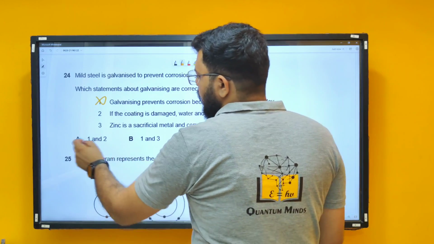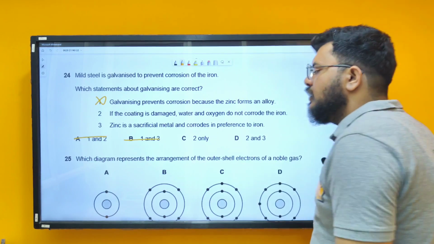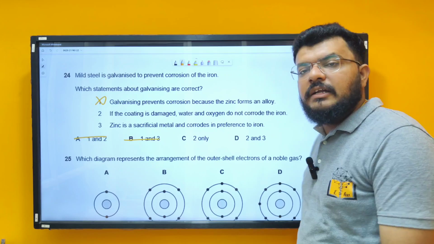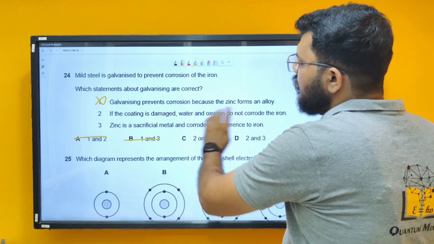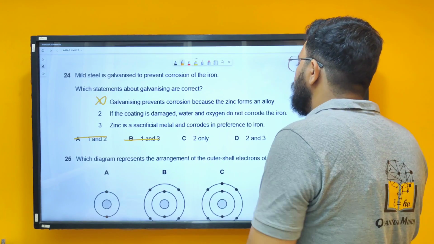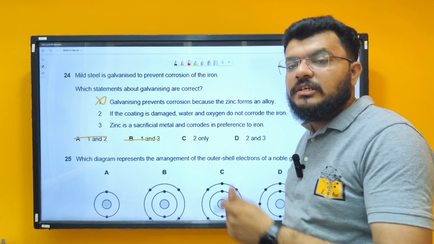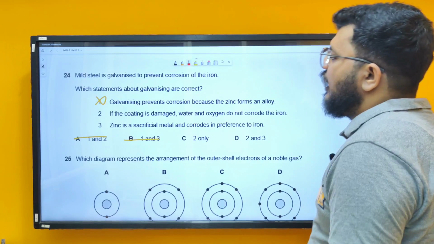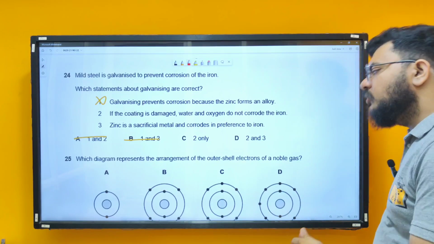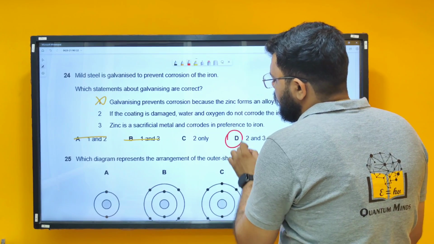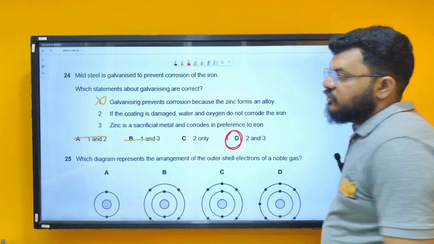So 1 is incorrect. That leads to options A and B being cancelled. If the coating is damaged, water and oxygen do not corrode the iron. Yes, they do not, because zinc is more reactive. Zinc is a sacrificial metal and corrodes in preference to iron. So option D is your correct answer.